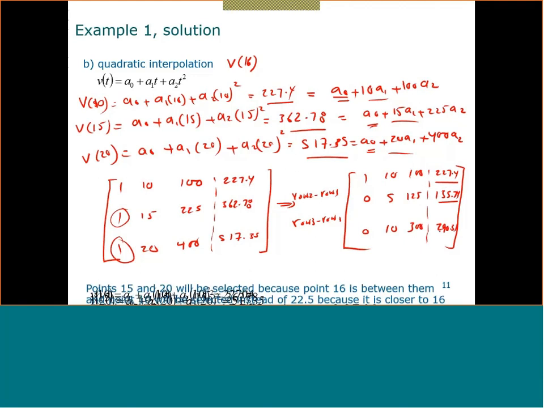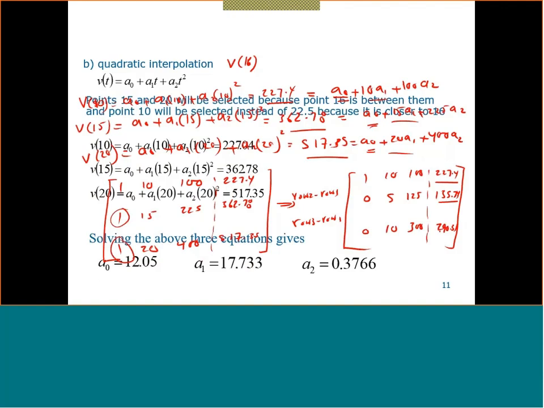Okay. Now, after we do that, we go back here. Now we have to subtract row 3 minus 2 times row 2. So this is what I will do here: row 3 minus 2 times row 2.